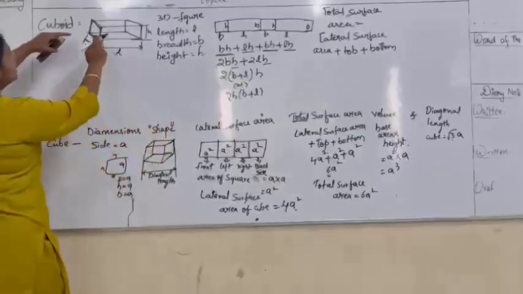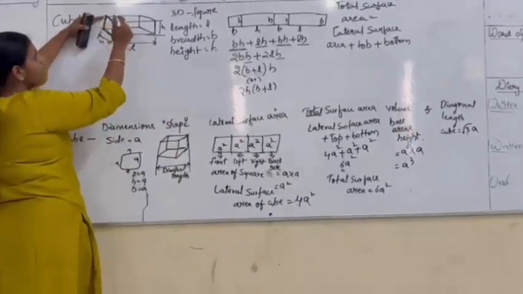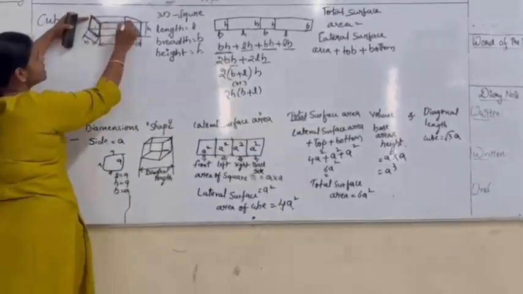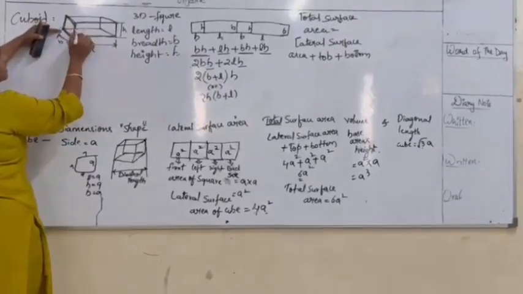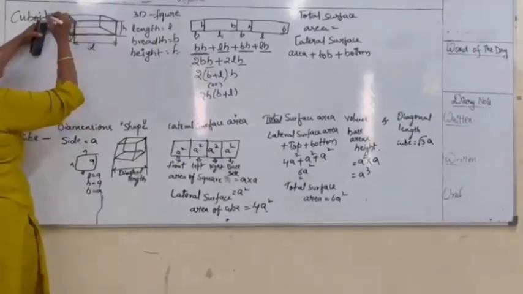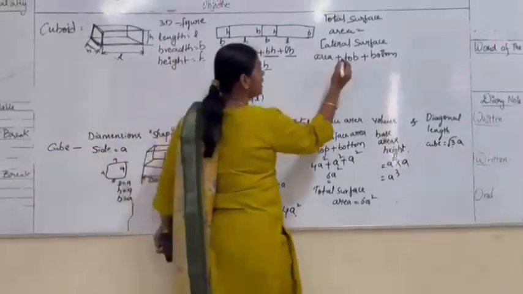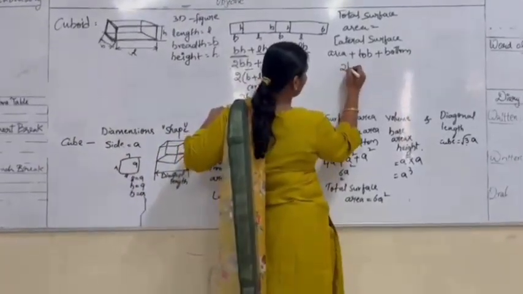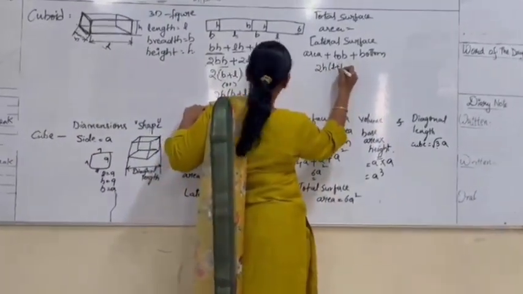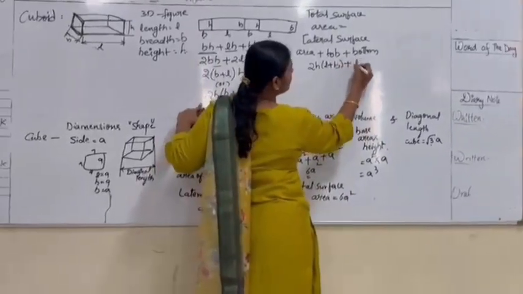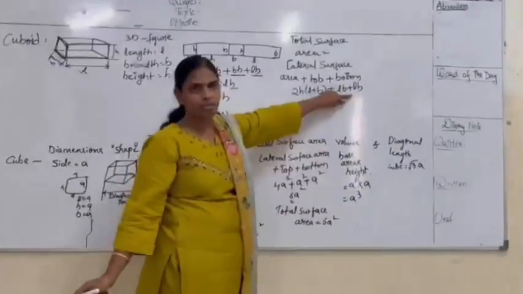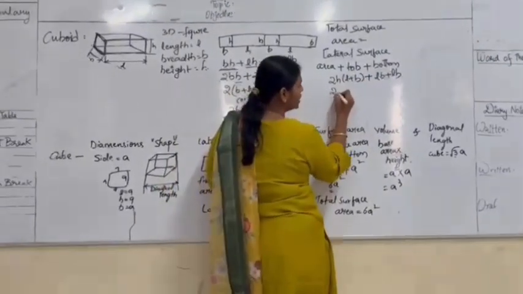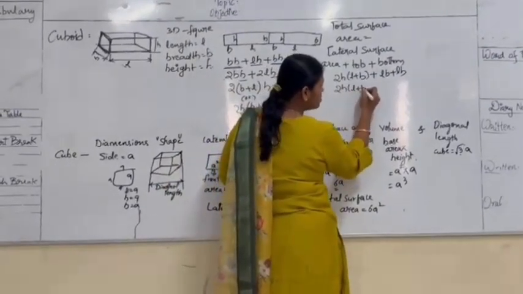Top means it will be the top. This is breadth, this is length. Here this is breadth and this is length. Means lateral surface area is 2H into L plus B, plus length into breadth and length into breadth, that is 2H into L plus B.